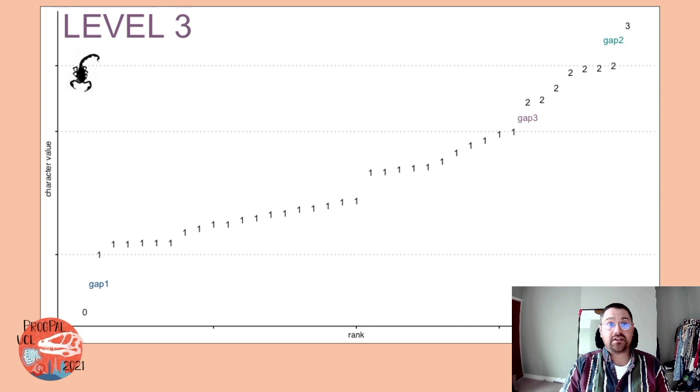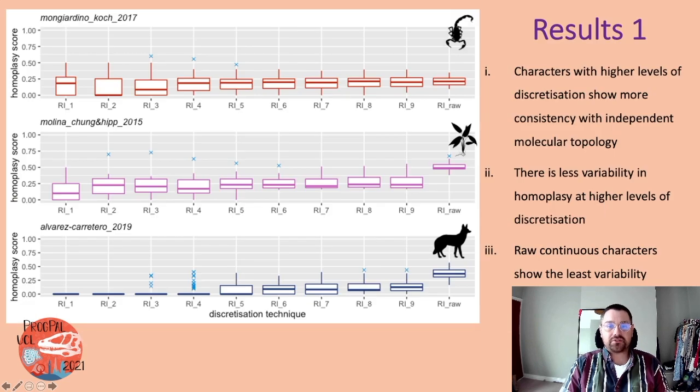Level 3, the third biggest gap, and so on, up to 9 levels of discretization, because we wanted to see whether actually using different levels of discretization actually improved the situation. Also important to note that these are ordered character transformations, as the actual rank of the character is always conserved in the discretization.